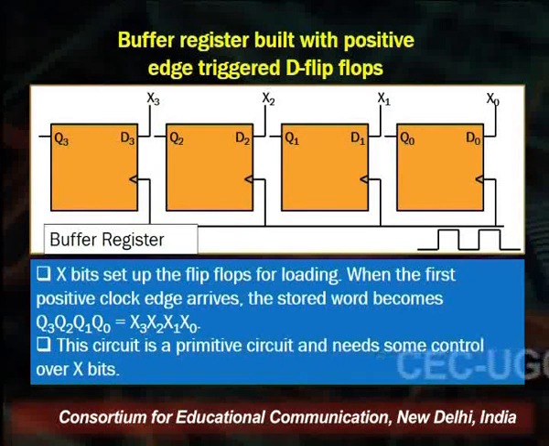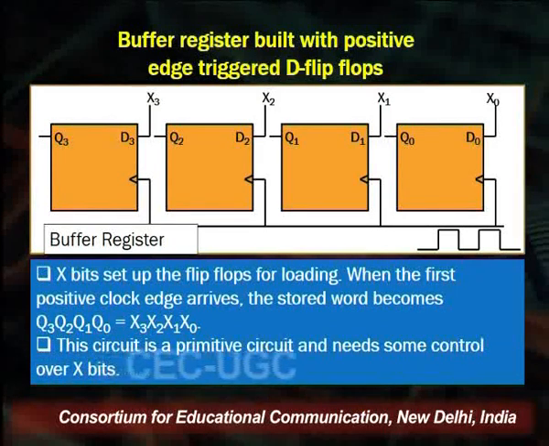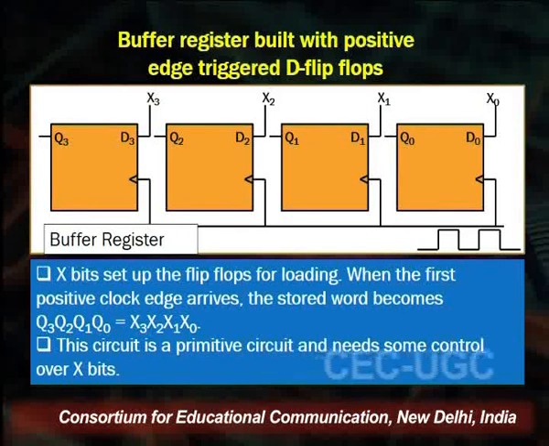The minimum value of the word will be 0, 0, 0, 0, and the biggest value will be 1, 1, 1, 1. Hence, in decimal terms, this flip-flop combination as a register can store values from decimal 0 to decimal 15. 0, 0, 0, 0 is 0 decimal, and 1, 1, 1, 1 is 15 in decimal terms.